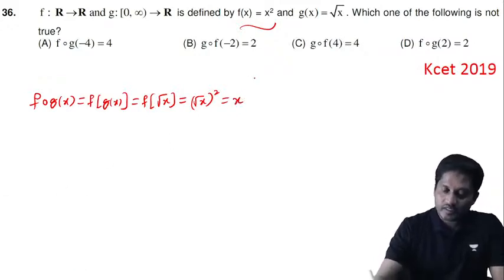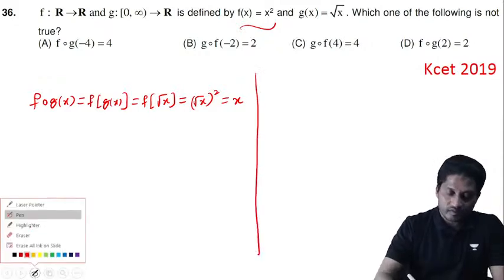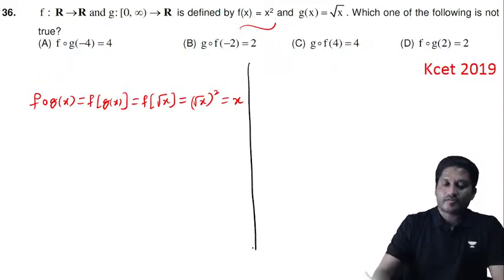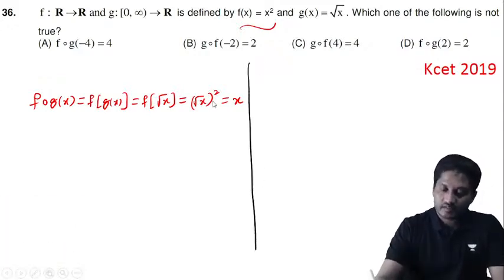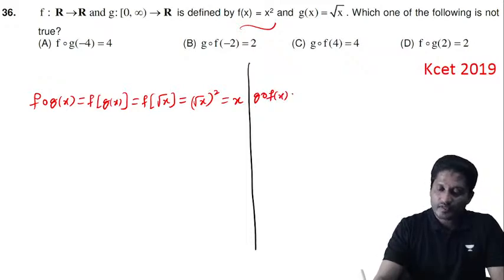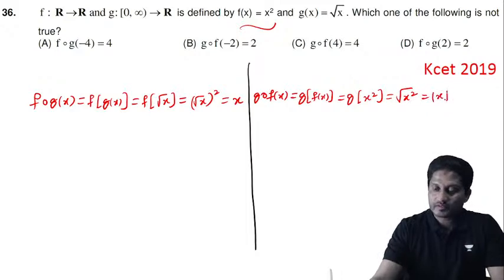Right, and similarly, if I find out G circle f of x, G circle f of x is equal to G of f of x, right? And then this is equal to G of x square, which is equal to root of x square. Now root of x square is always equal to mod x.